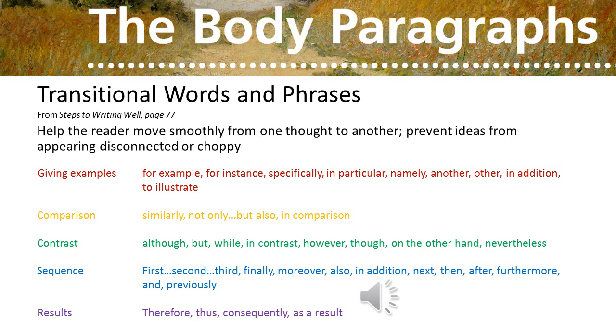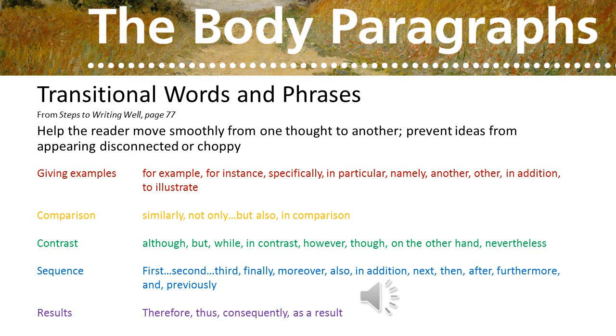As you can see here, there are 6 basic types of transitions that can occur in a paragraph, giving examples, comparison, contrast, sequence, and results. And by the way, that means there are 5 and not 6. Sorry about that. So, words or phrases that you can use when you introduce an example include, but are not limited to, for example, for instance, specifically, in particular, namely, another, other, in addition, and to illustrate.